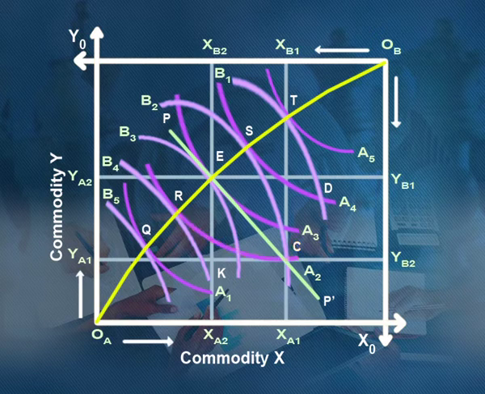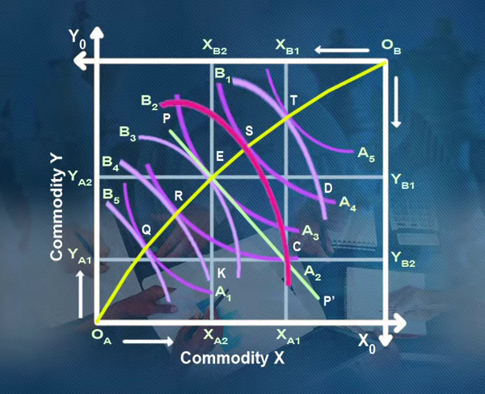If through exchange of goods they move to point R on the contract curve, individual B reaches a higher indifference curve B4 that makes him better off, while individual A is no worse off as he remains on the same indifference curve A2. On the other hand, if they move to point S on the contract curve, individual A becomes better off and individual B is no worse off as compared to the initial position C.